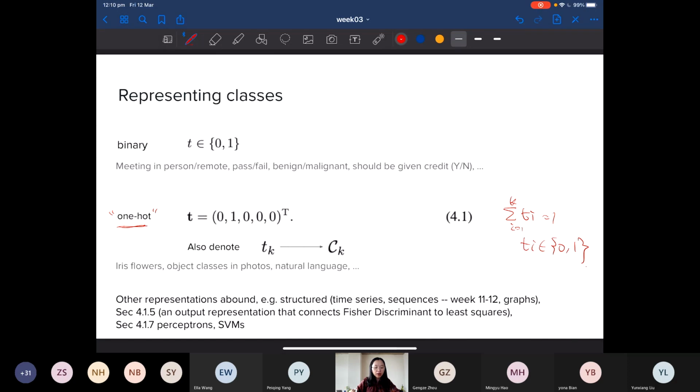So this applies to the iris flowers we just saw. It applies to certain object classes, unless a photo can contain both a cat and a car. That would have been called multi-hot encoding in neural network lingo.